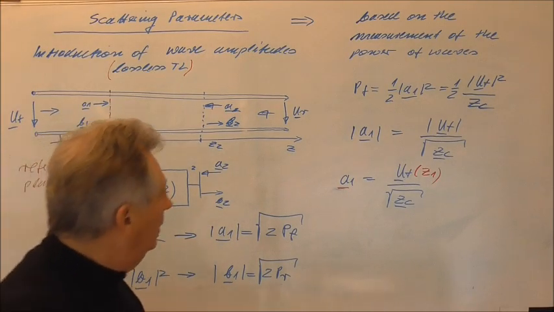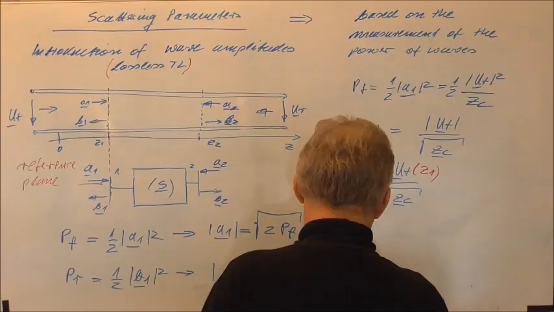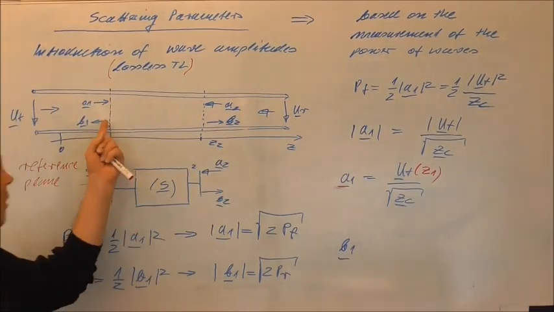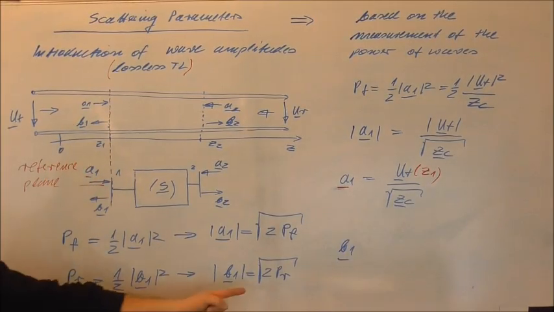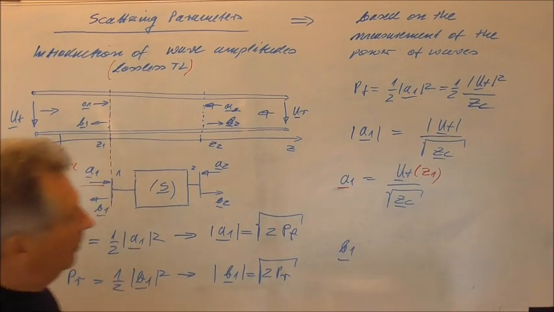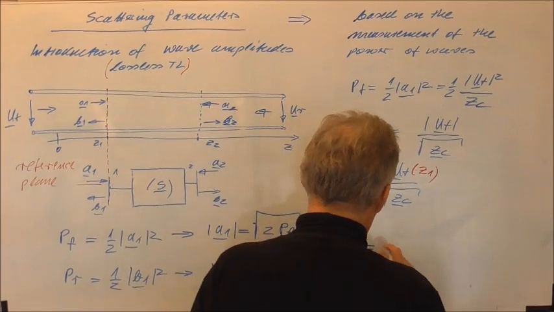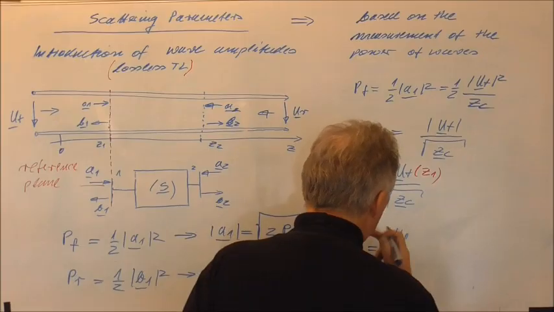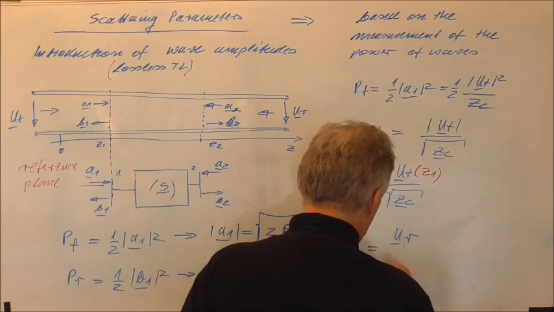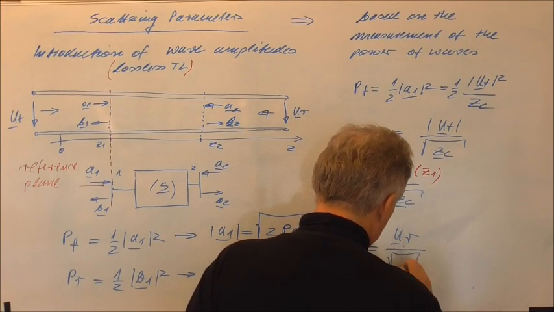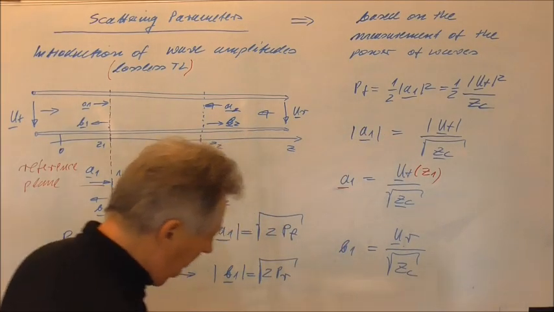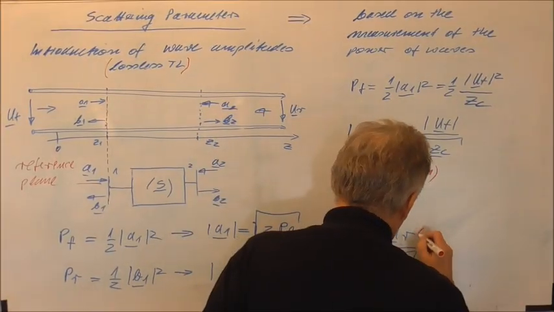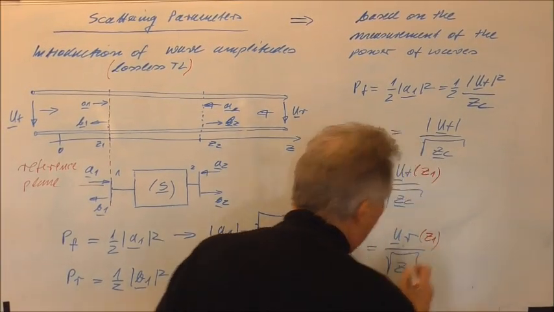In the same manner we can also define now the phase of B1. Of course we see that B1 is proportional to the reverse traveling wave, and we can now say: first we have the reverse traveling voltage wave divided by Zc, and here again the phase is the phase of the reverse traveling voltage at Z1.